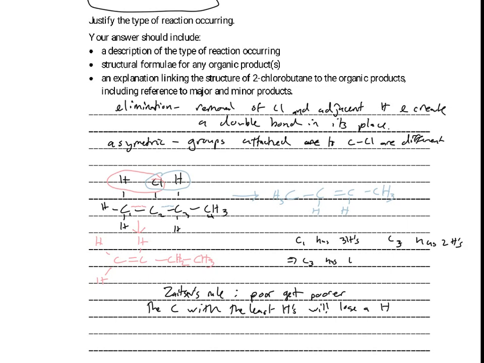Therefore, carbon 3 has less, so we'll normally lose the H. Okay, so that means we're normally going to lose the hydrogen from this particular carbon, and when we do that, we form that as the product. Therefore, but-2-ene is the major. And on the flip side, if we take away the hydrogen from this one here, we then form but-1-ene, which is the minor. Just put the names up if you haven't worked it out. But-2-ene and but-1-ene.